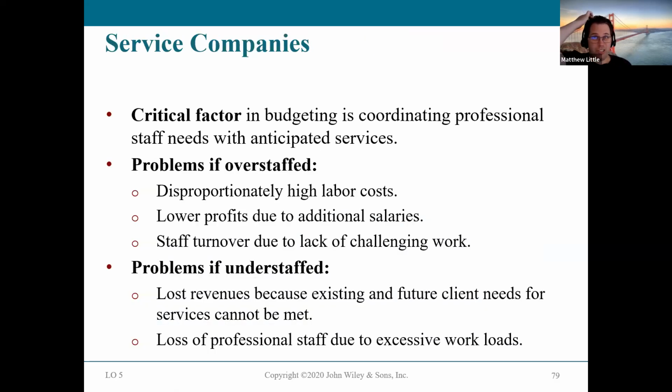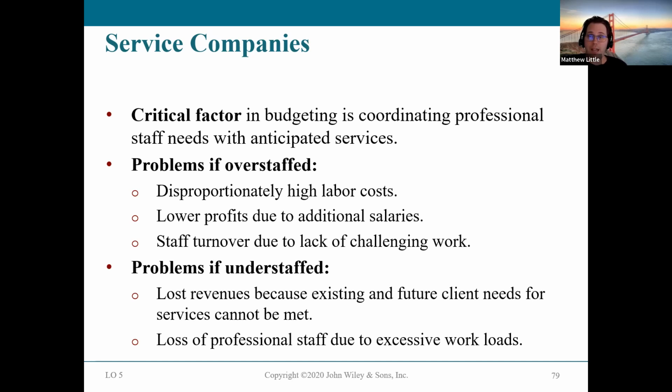Now moving on to service companies. A very critical factor when you're coordinating professional staff is how many staff you need to deliver services. If you think you're going to be hired to do a bunch of consulting gigs, what kind of expertise do you need? How many people do you need? How many hours do you need? Are you hiring them as employees or as independent contractors, whatever that might be?